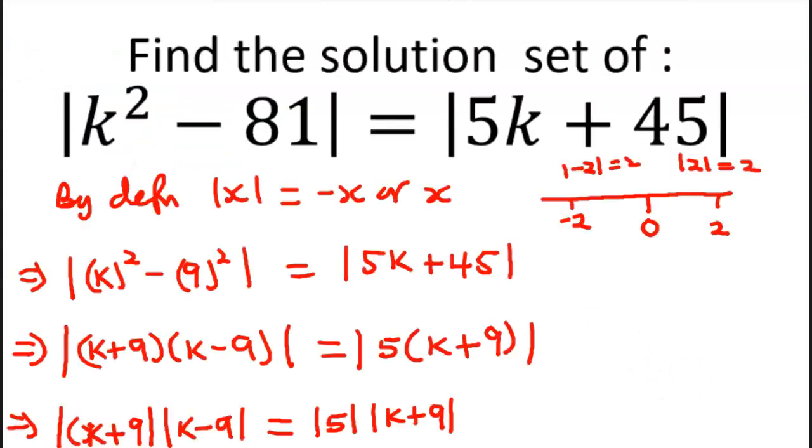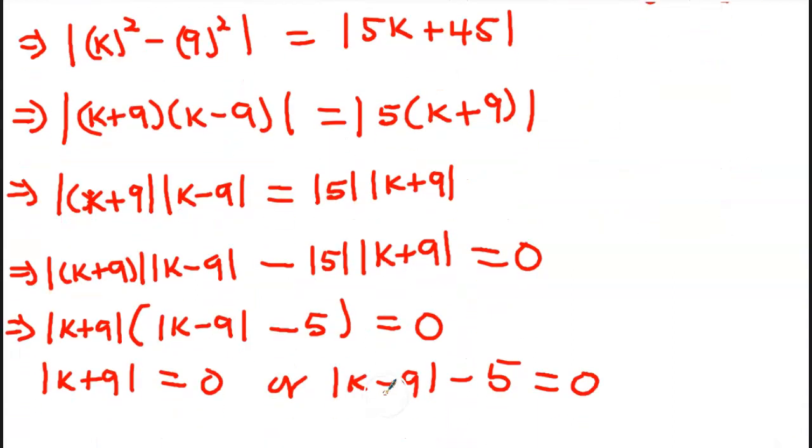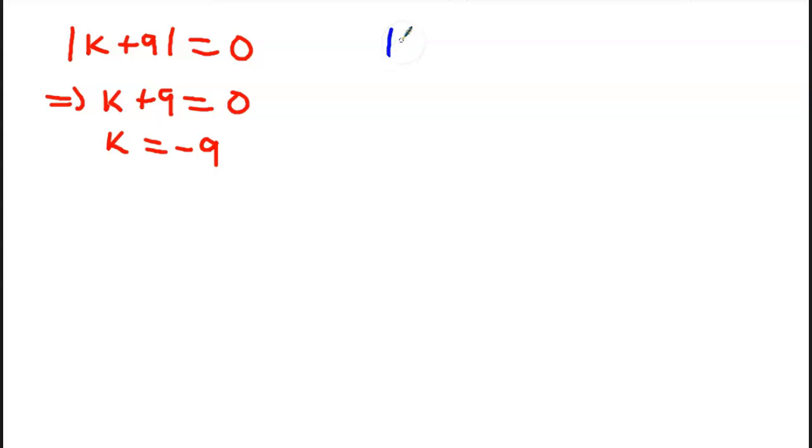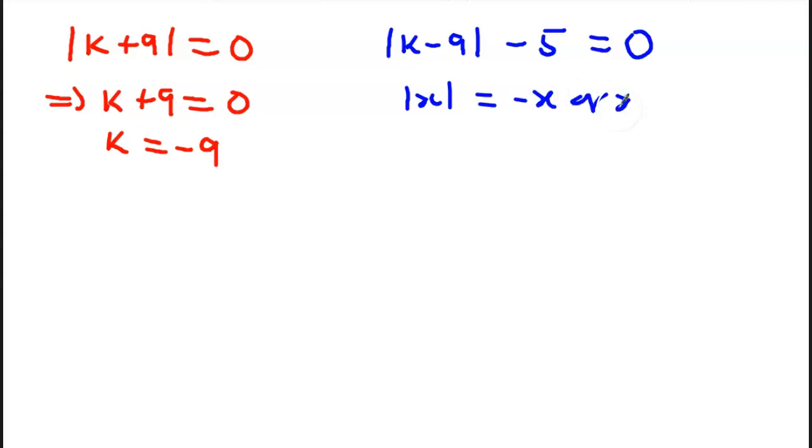Then we look at the second part. Absolute value of k minus 9 minus 5 is equal to 0. So this one, because of the absolute value, we will consider both cases. That is absolute value of x, which is equal to minus x or positive x. So let's take the minus one.